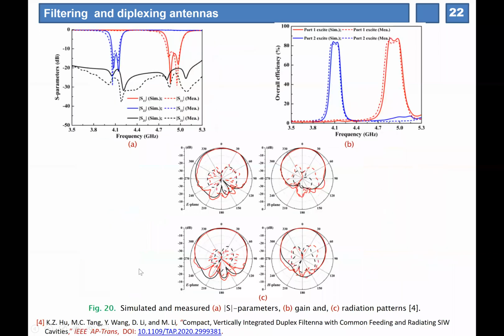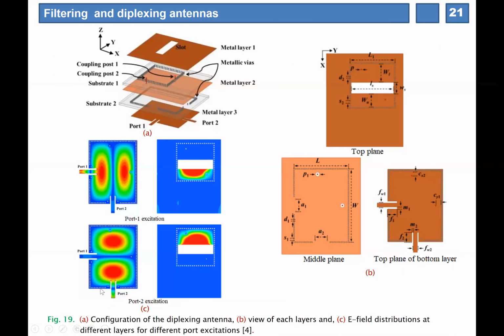If it was a square shaped cavity, then TE102 and TE201 would be the same, but here it is a rectangular cavity. So TE102 is not equal to TE201 here. Port 1 excitation will create one filter. Port 2 excitation will again create another filter.